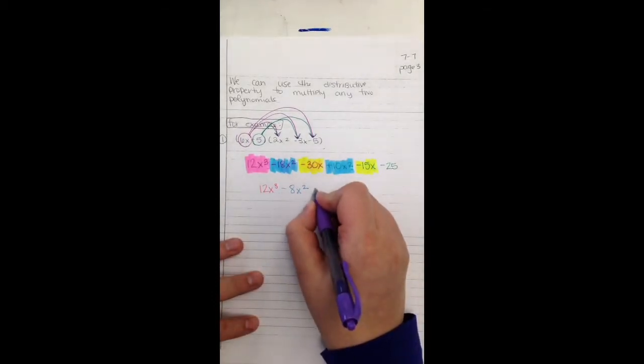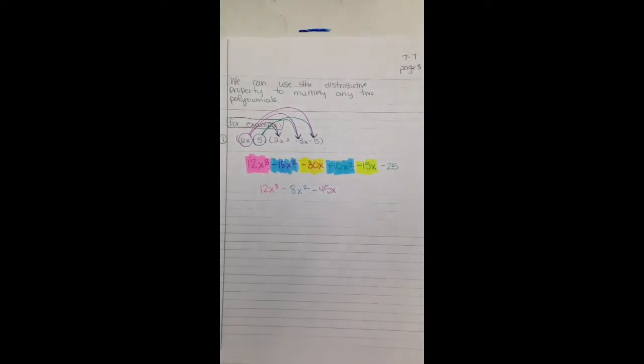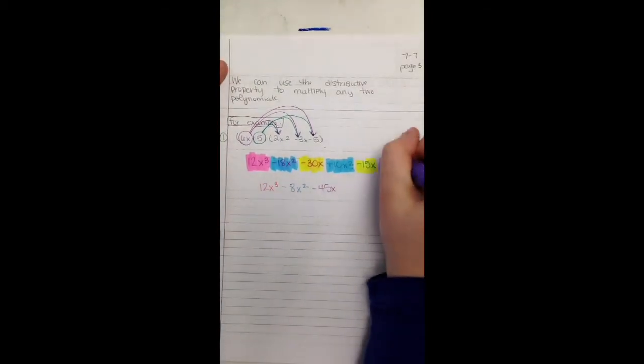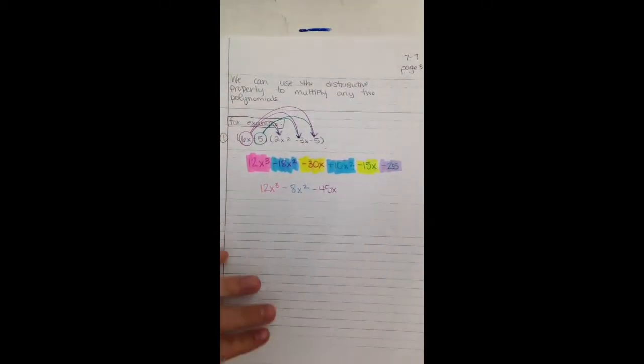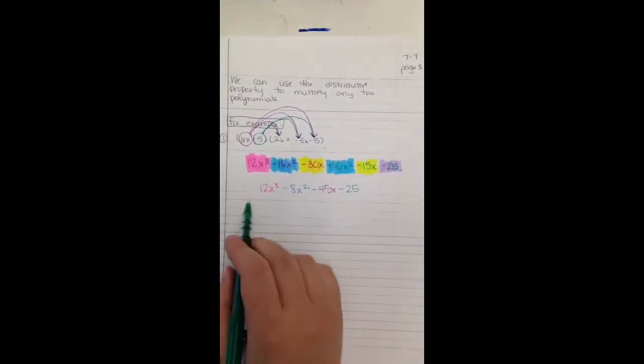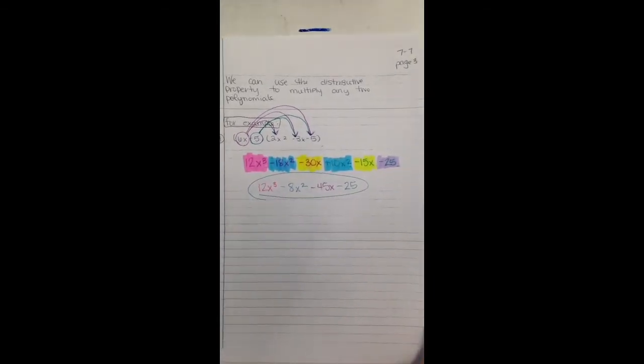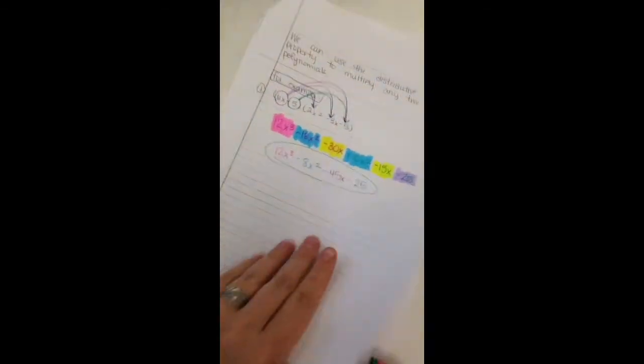Negative 30x minus 15x gives me negative 45x. And then the last term is minus 25, and it's by itself. So I've combined like terms, it's in standard form, and that's my answer. Turn to the next page.